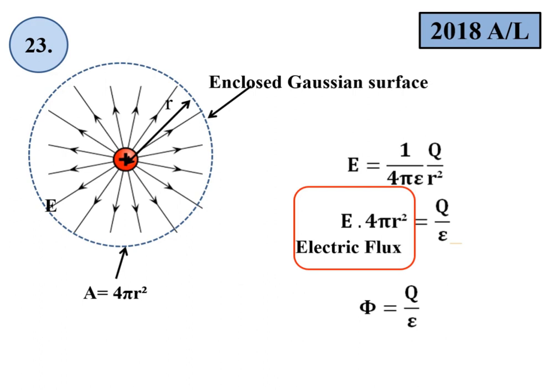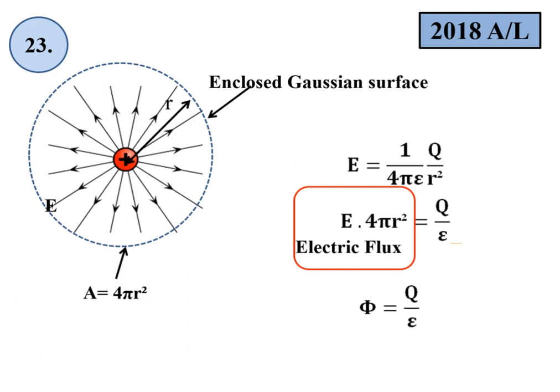Another case: does flux have a positive or negative sign? Flux is a scalar, but we know that the enclosed charges, positive and negative, are summed algebraically, so that concept also applies to flux.